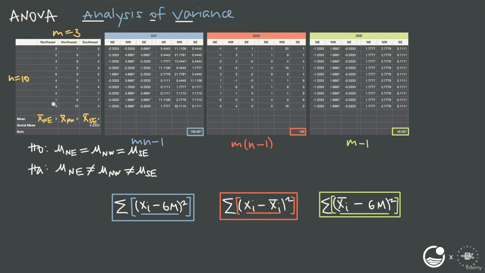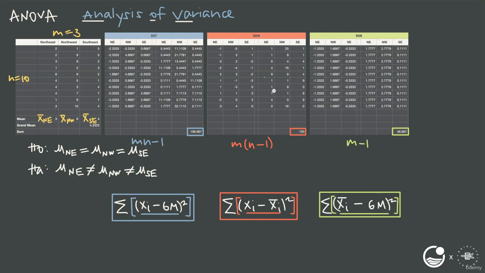To find the total variance in this sample, we take each data point, subtract the mean for the Northeast, and square that value, essentially a squared error. We have a certain amount of variance for each of these data points.